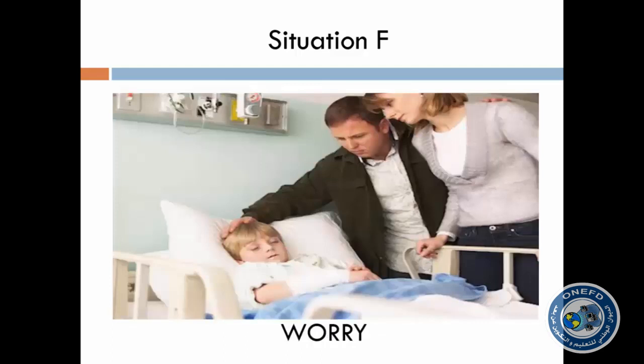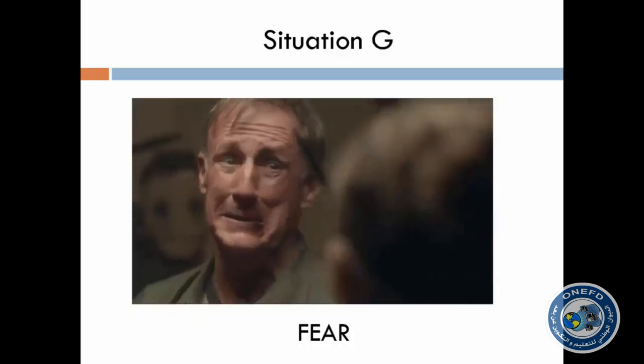Situation F. The man and the woman are actually the parents of the boy who is resting in the hospital bed. He is a sick boy and his parents are very worried about his health. That's why you are seeing their faces drawn down and they are very worried about their little boy.